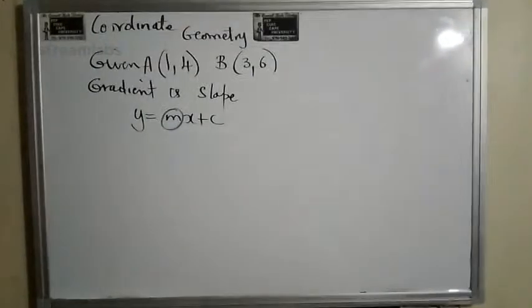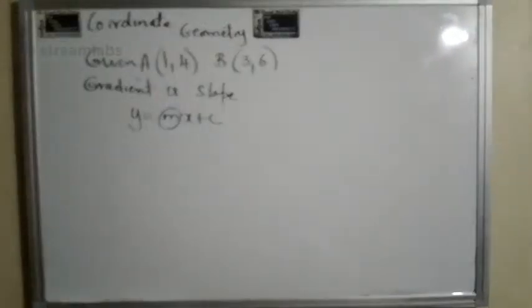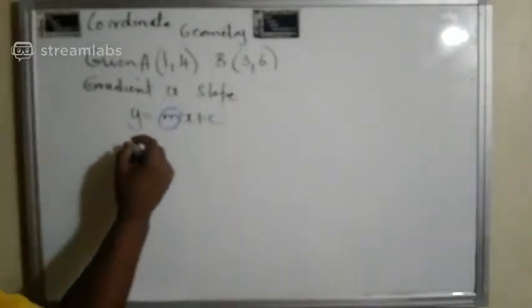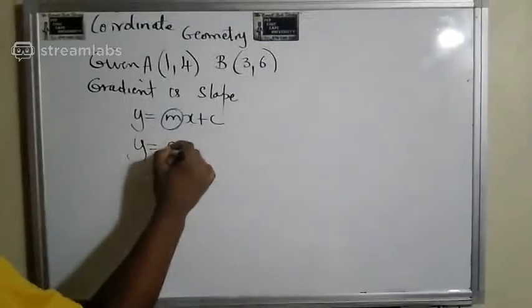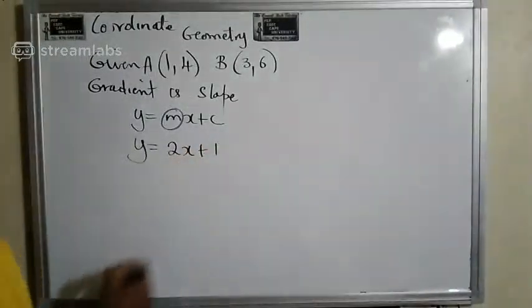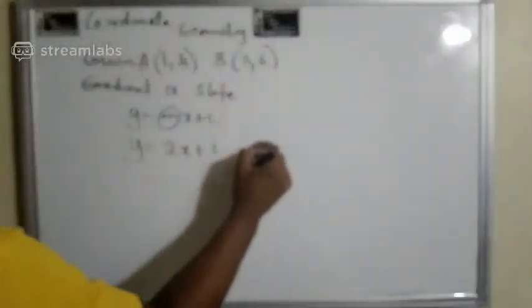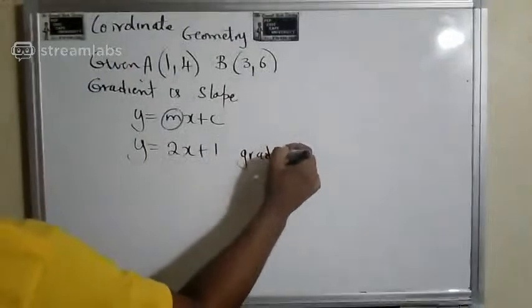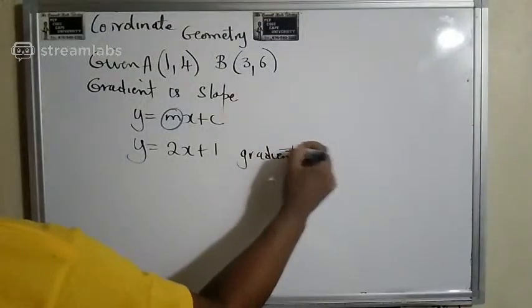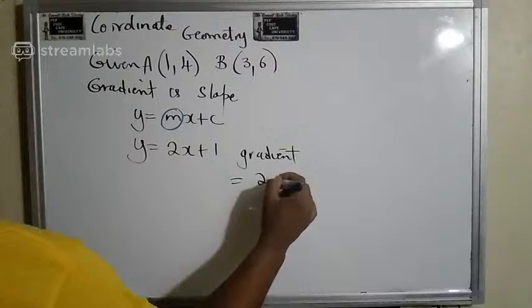That would be the gradient, and the gradient tells us how slanted the line is. So say we have y = 2x + 1, then the gradient, or the slope of the line, will be equal to 2.